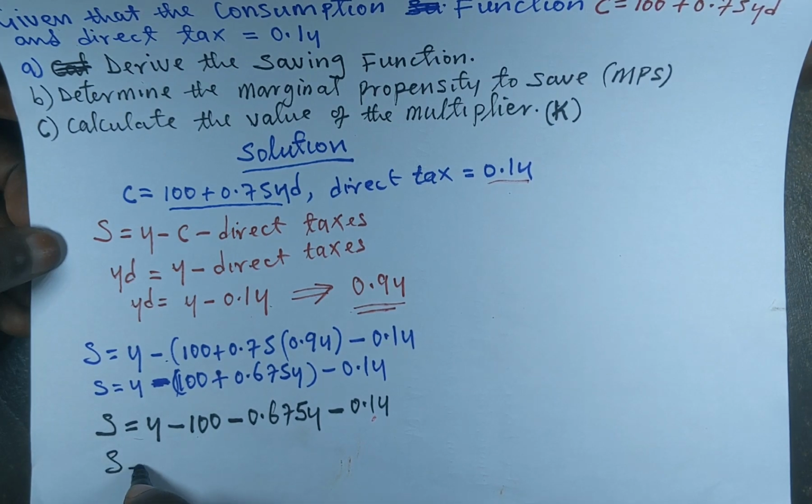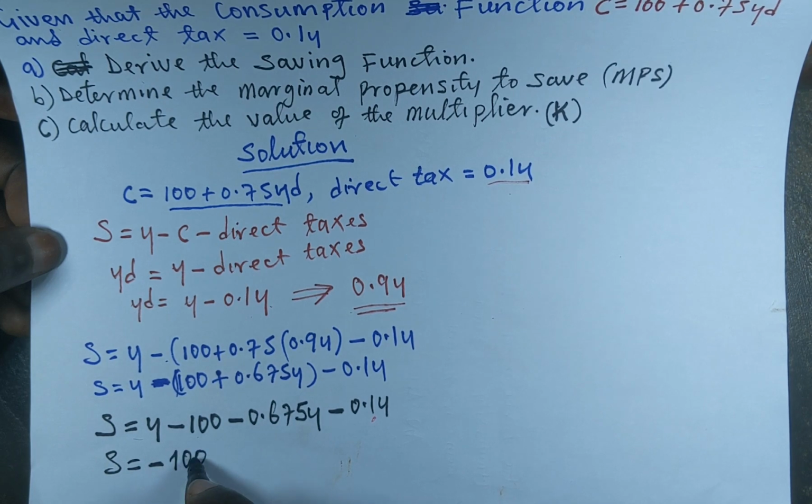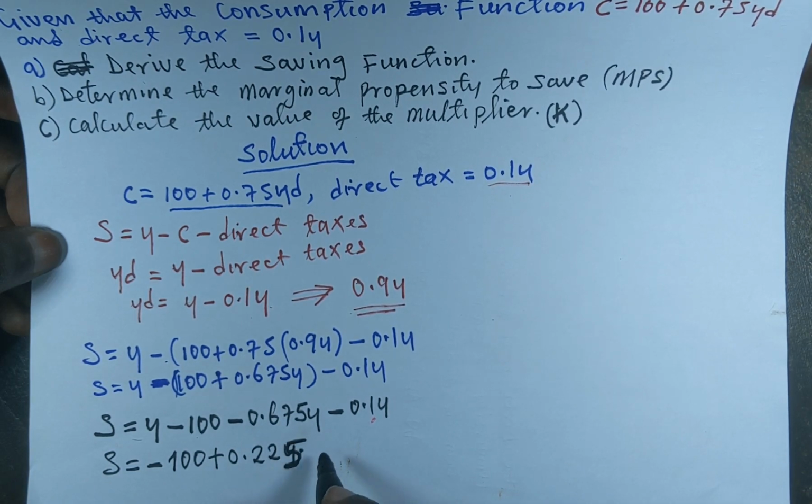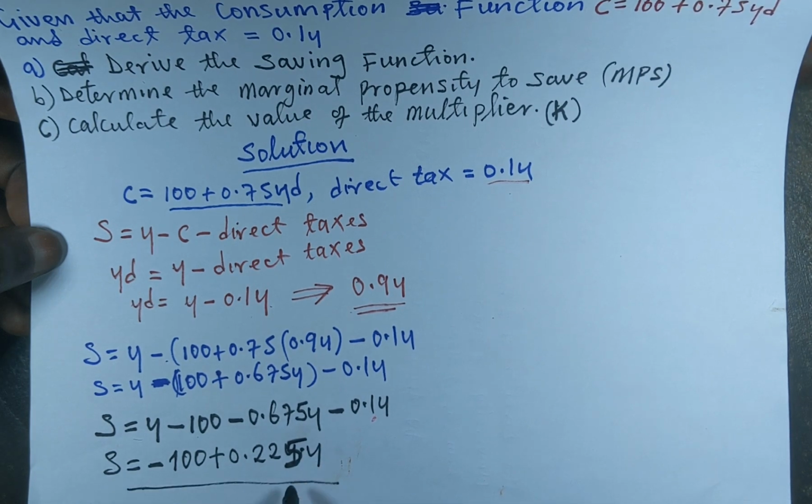S, that is saving, will be equal to minus 100 plus, the coefficient of Y is 1, so 1 minus 0.675 minus 0.1 gives us 0.225Y. So that's our saving function.